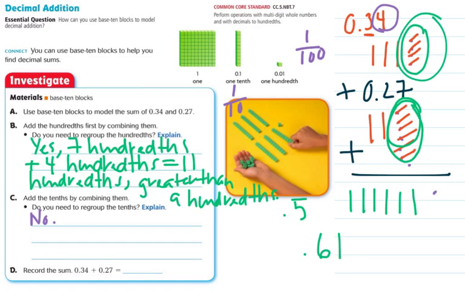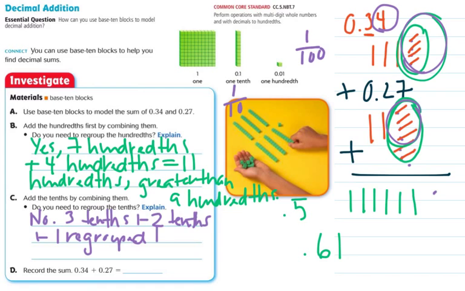We saw that 3 tenths plus 2 tenths plus the one that we regrouped was equal to 6 tenths. And because 6 tenths is not greater than 9 tenths, we did not have to regroup.